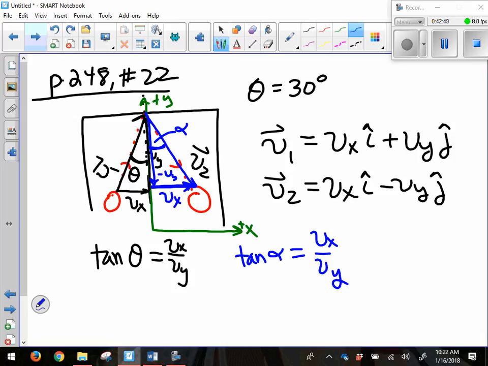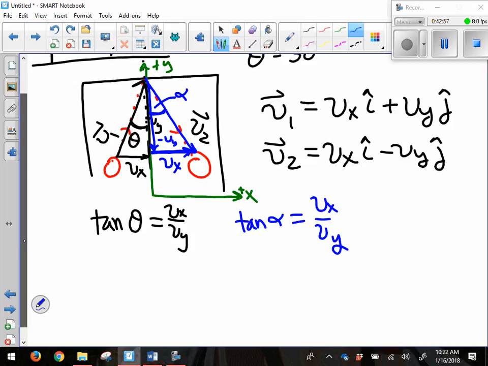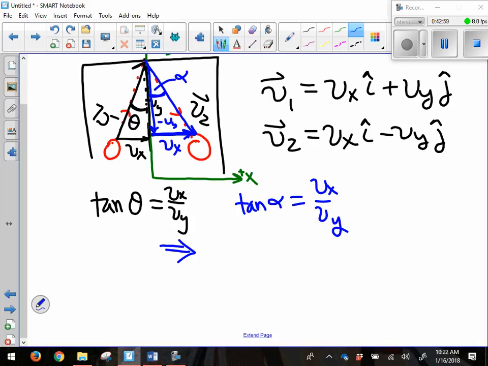We could stick a negative sign in there, but that's just going to tell me what quadrant it's in, and I don't really care. I just want to know what its magnitude is. So what does this tell you about theta and alpha? They're equal, or at least their reference angles are equal. And being that I'm dealing with an angle that's less than 90 degrees, that's the angle that I want. So this tells me that alpha is equal to theta is equal to 30 degrees.